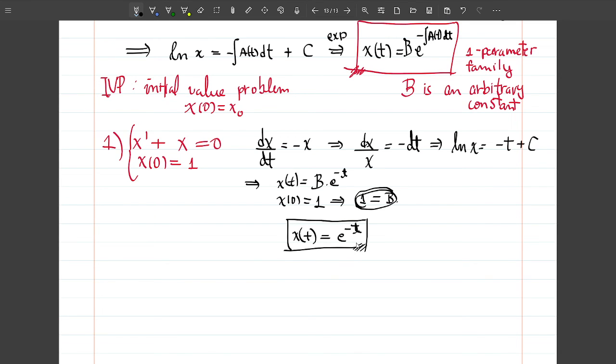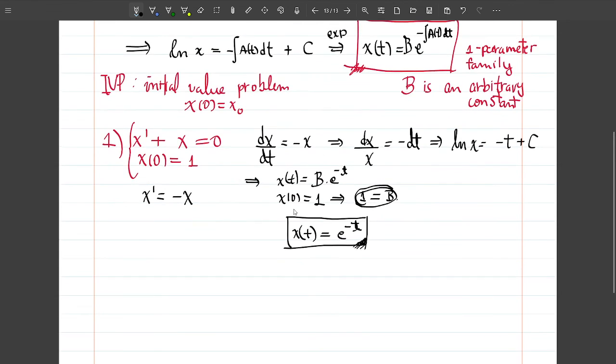That was a very easy problem because, as we know, we have the derivative being equal to minus the function itself. In other words, I'm looking for a function whose derivative is the function itself with a minus sign, and obviously this is the solution.